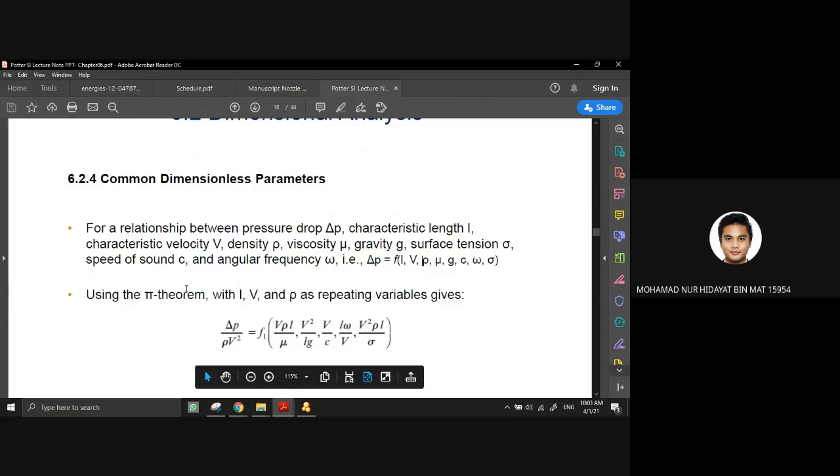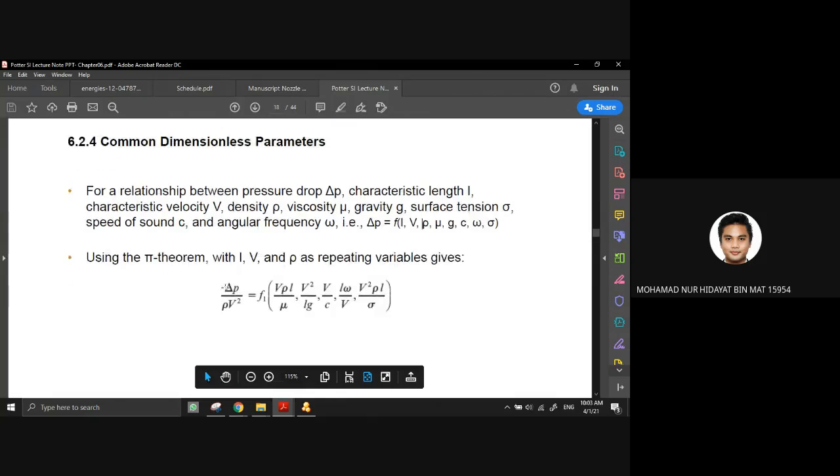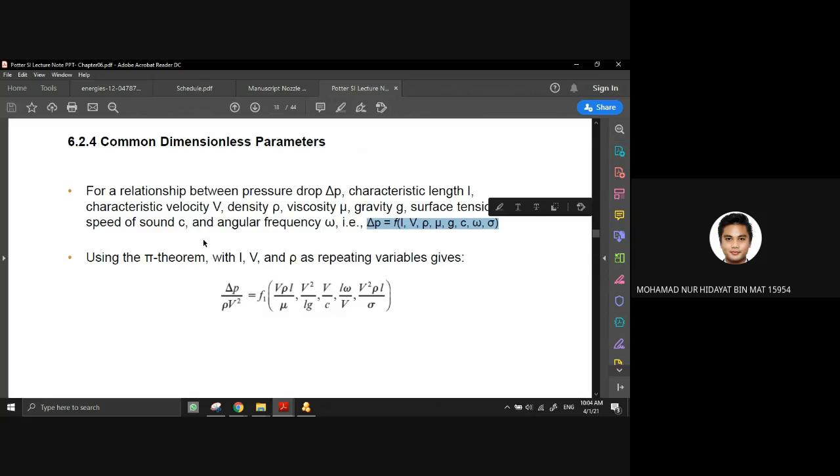So after we use the pi theorem, we form this function. This is what we previously used, the Buckingham pi theorem, and finally it gives this output in terms of this function. This is dimensionless, it does not have any dimension because it is only a ratio.